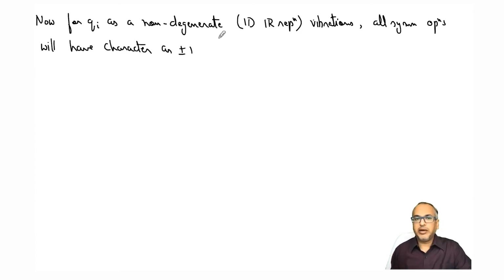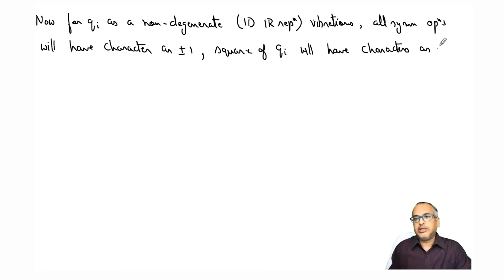In any 1D IR representation, the character is always plus or minus 1, right? So if this is plus or minus 1, then the square of qi will have characters as plus 1, only plus 1, not minus now, right? Only plus 1. So this is to remember, it's only plus 1.